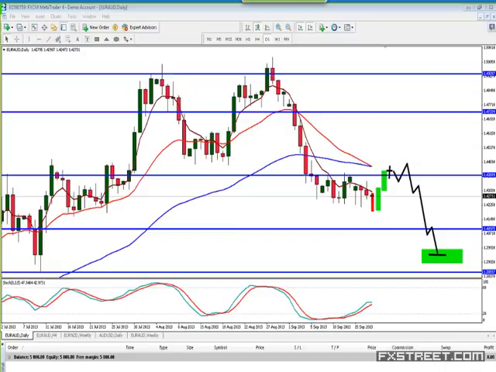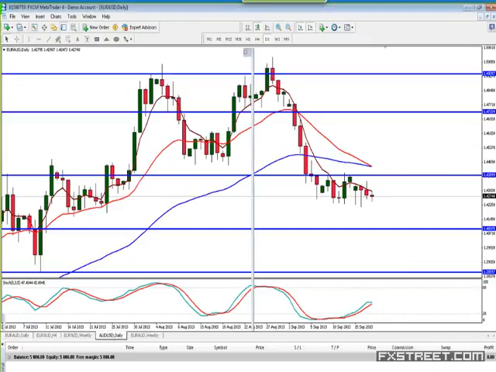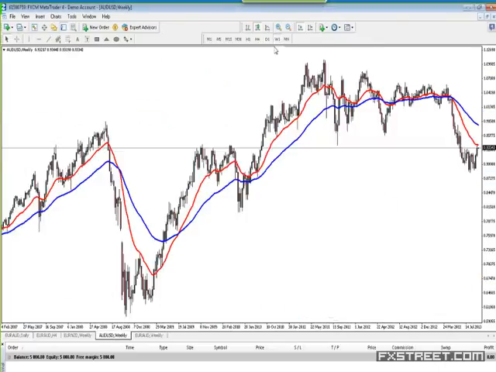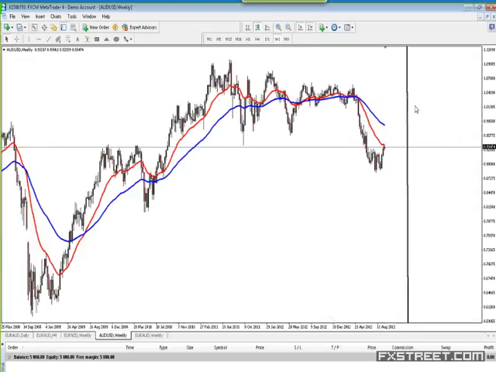And at the very same time, the Aussie dollar, let me get rid of this line, is doing something like this. Remember, we expected that little hiccup back to the mid 45s. So the Aussie dollar has done something like this.